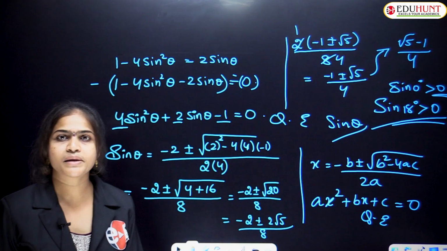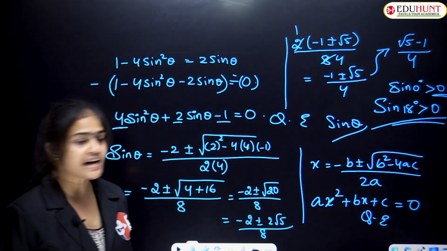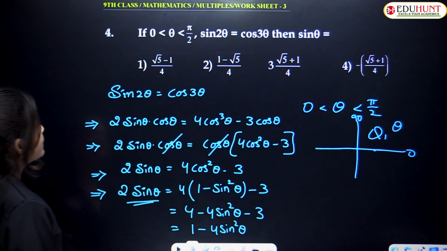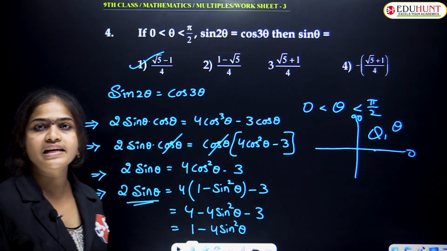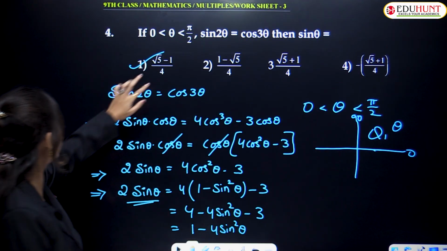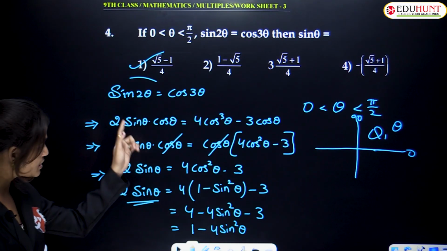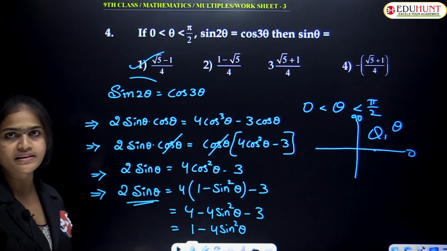So root 5 minus 1 by 4 is the value of sine 18 degrees. Understand? So what is the answer? Root 5 minus 1 by 4. Which option is correct here? Yes, option 1 is correct. Am I clear to you? At the time of the proof I explained this whole thing, so once again it came into this problem, so I explained it.